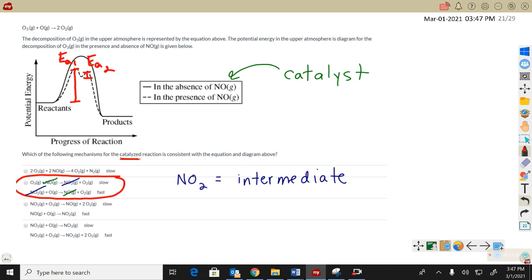So first I'm looking for a two-step mechanism. Second, if you look at the amount of activation energy needed for each step in the mechanism, whichever step requires more activation energy was the rate determining step. That would have been the slower step, the one that required more energy to get started.